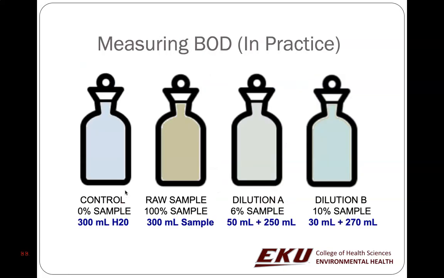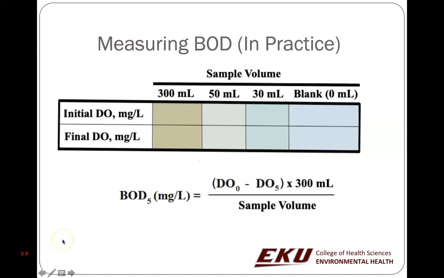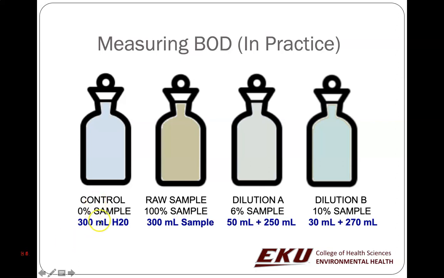Getting at actually doing the measurement in practice, we've got our mixed samples here. So our 300 milliliters of just pure water, our pure effluent sample, or in the event you were testing the wastewater coming in, our influent or effluent, it doesn't matter. Then you're going to have your dilution of that, and then another dilution of that.